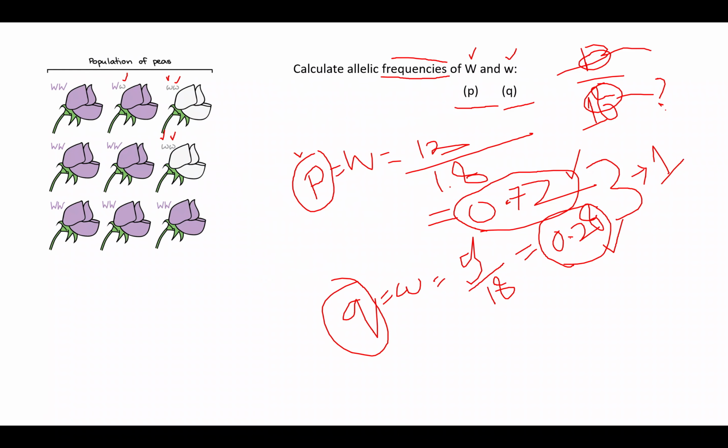Here we calculated that the allele frequency of small p is 0.72 and the allele frequency of small q is 0.28. Allele frequencies of P and Q are 0.72 and 0.28, and when we added them it became 1. And this is most of the Hardy-Weinberg principle.